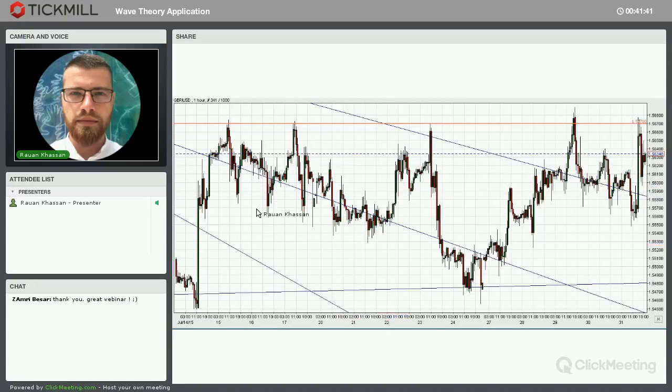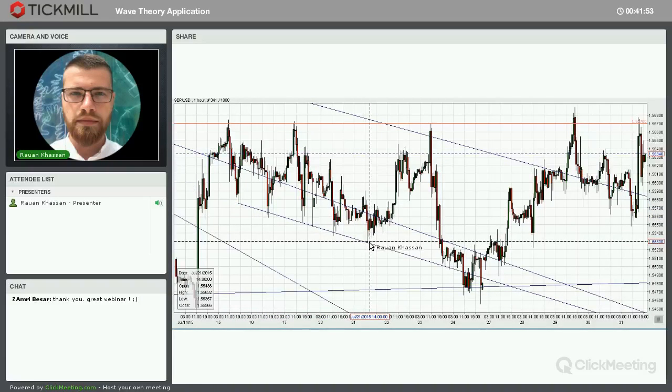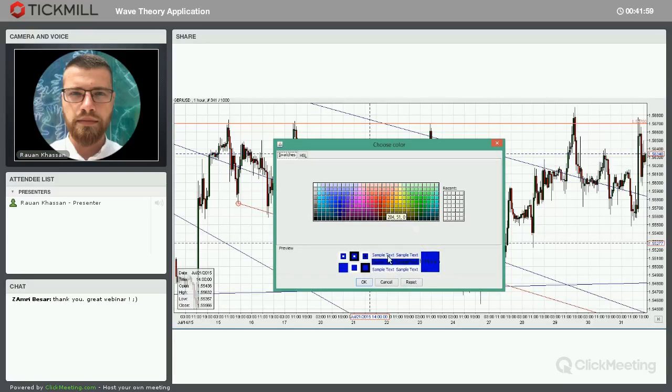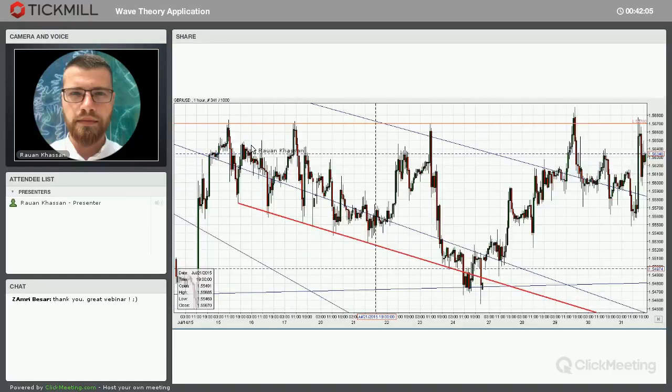It could be ascending or descending one. Here it's clearly visible as well. So we just connect the spikes at this level. Mark it with the same color so you can distinguish it from the other lines. So this is our barrier triangle.